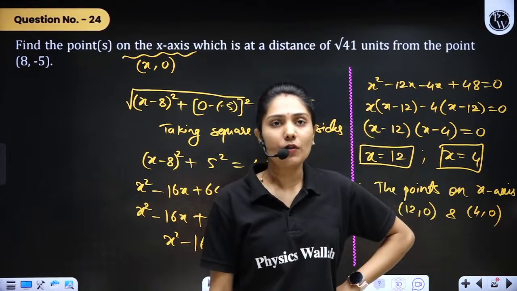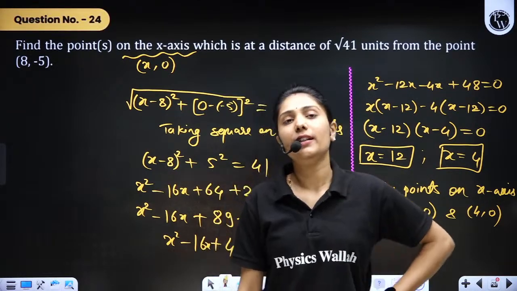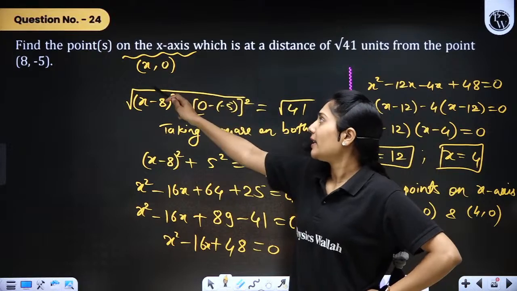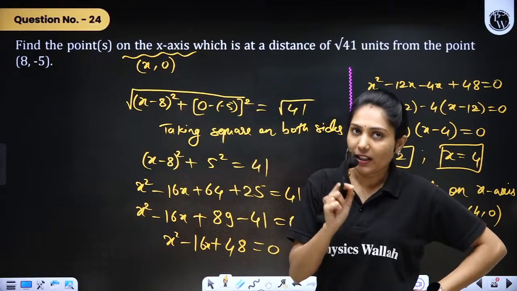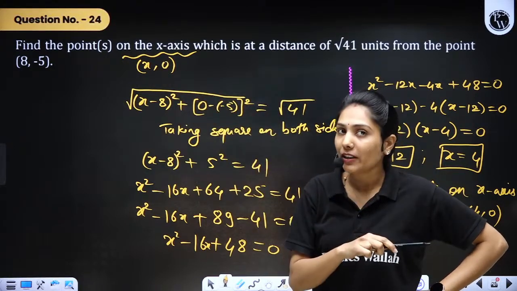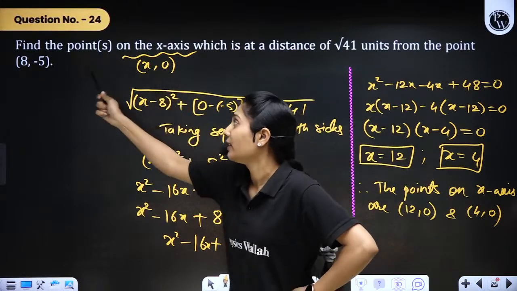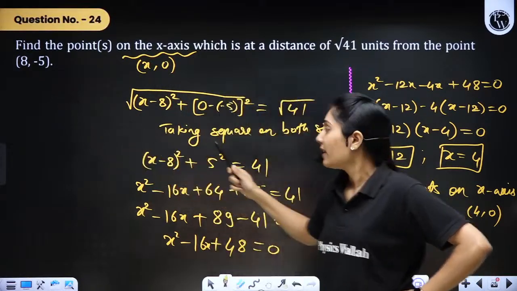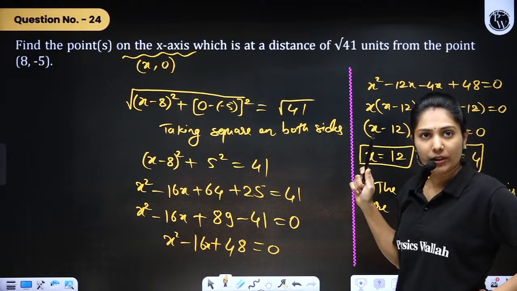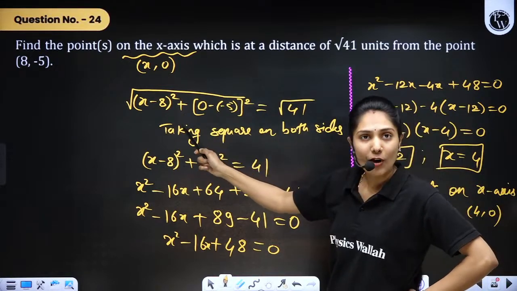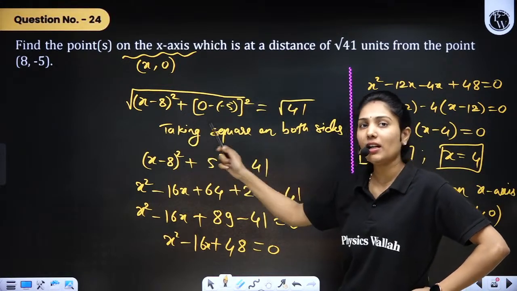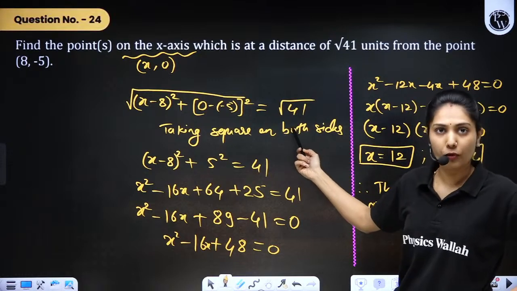Aditya, we have just used the distance formula, beta. Firstly, we considered x comma 0 as the point on the x-axis. As per the question, the distance between this point and this point is root 41. So we used the distance formula, which is equal to root 41.